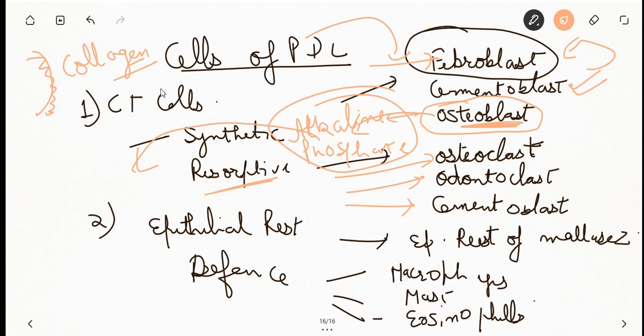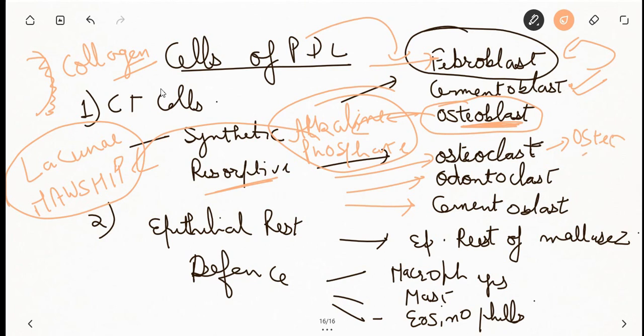At such a location, the cell occupies a pit called Howship's lacunae. How are these osteoclasts formed? They are formed by the fusion of mononuclear cells that arise from the bone marrow. Also remember, they are inhibited by osteoprotegerin.